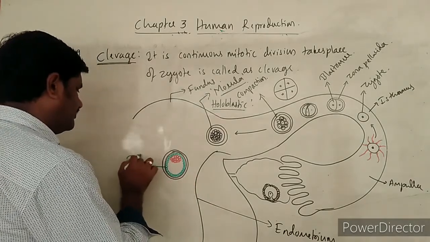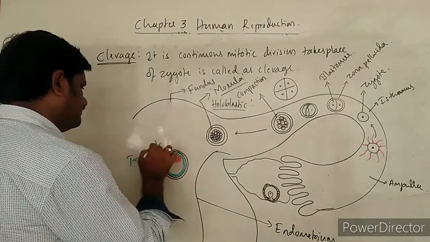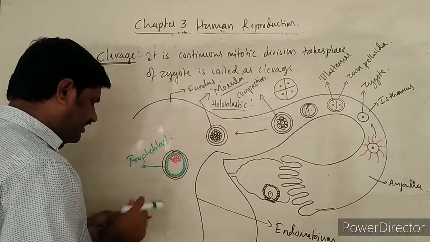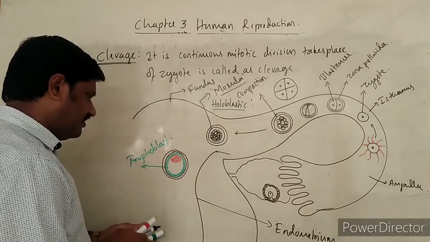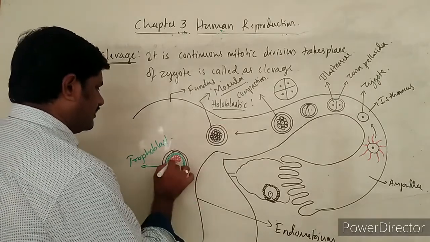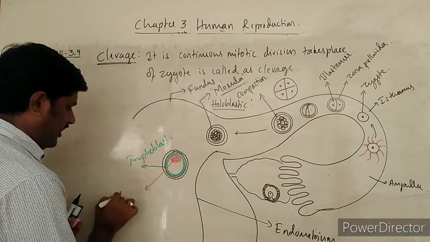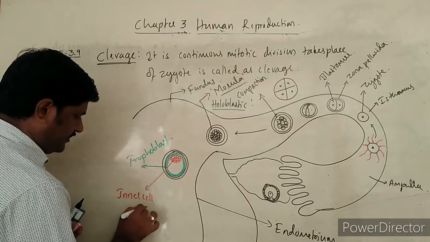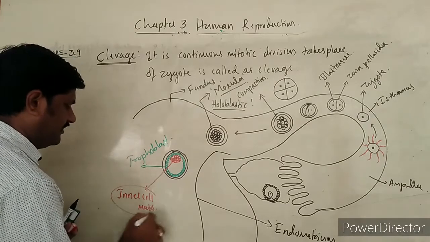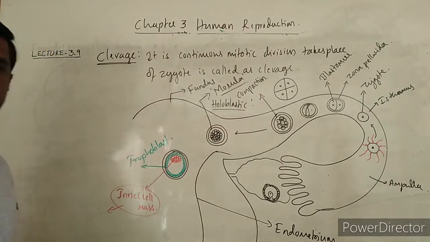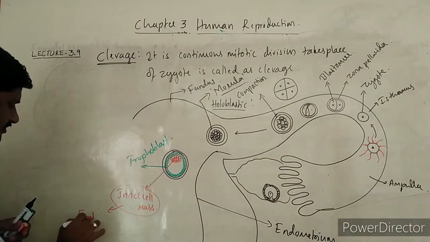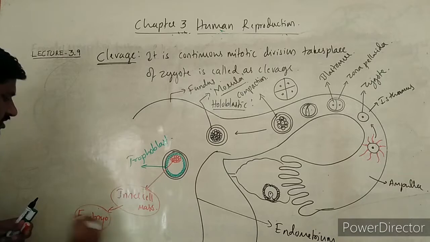So trophoblast is formed over here, and this red colored one is called the inner cell mass. Inner cell mass is said to be a precursor of the developing embryo. This becomes later the embryo, of course.